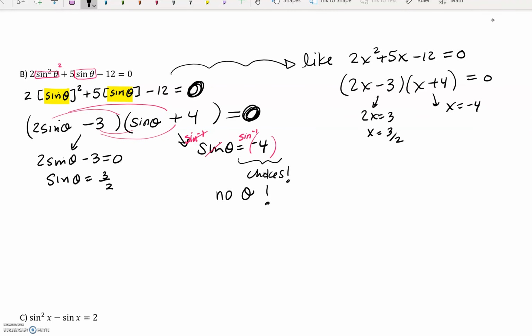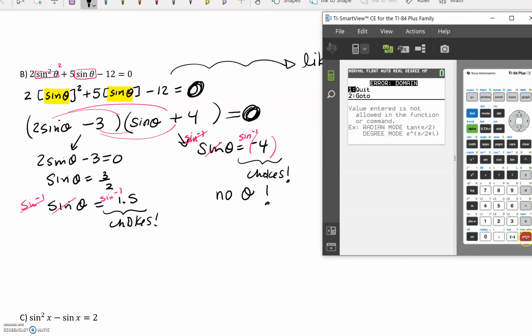For the other piece, I have 3/2. Well, 3/2, remember, is bigger than 1 also. So if I try that and think, oh, they might cancel, again, this guy is going to choke too because it's outside of -1 to 1.